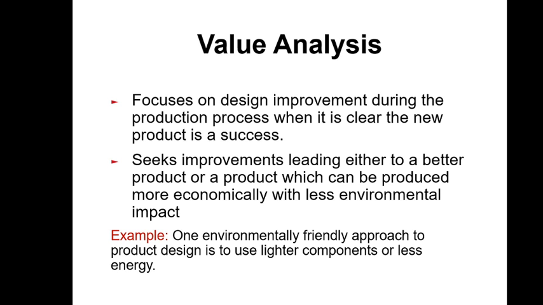Example, one environmentally friendly approach to product design is to use lighter components, like the example of Nokia. You know, the furniture of Nokia is very light, so you can just buy your things like you are making normal shopping, okay? Or for example, less energy.